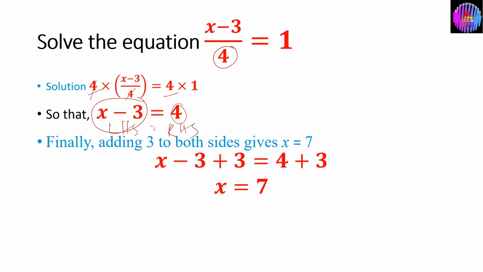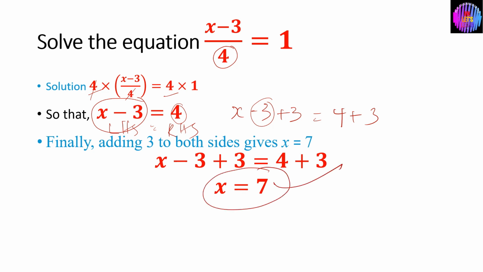Finally, adding 3 to both sides, to remove the minus 3 on the left hand side and also on the right hand side, x minus 3 plus 3 is equal to 4 plus 3. That gives the value of x is equal to 7. So this is the root of the linear equation (x minus 3) by 4 is equal to 1.